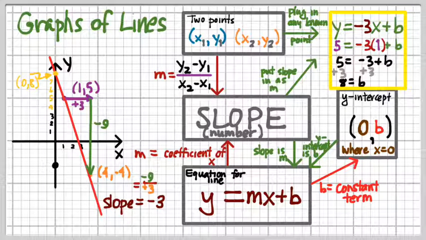So if my job in this problem was to discover an equation for the red line, which was graphed over there, now I have all the information that I would need. I have the slope, -3, and based on this work, I also have my intercept, 8. So, according to all of that, what would an equation for this line be? So we have to finish our thought here. If I wanted an equation for this line, what would it be?